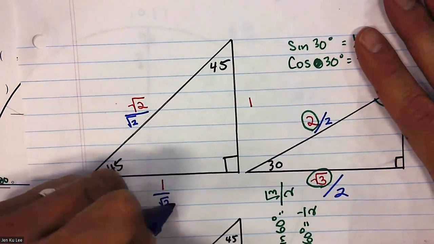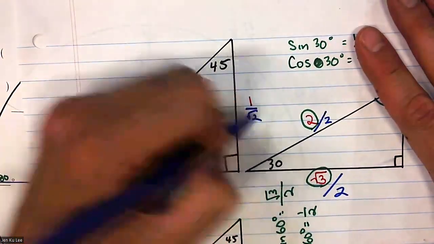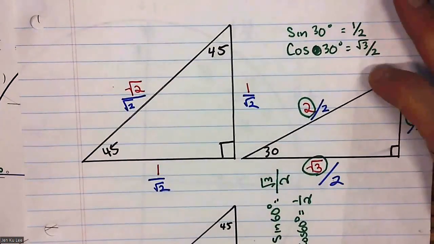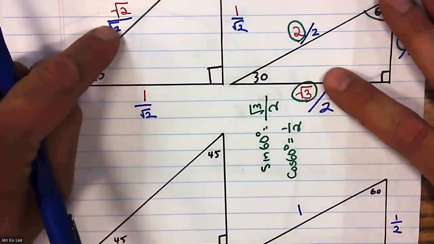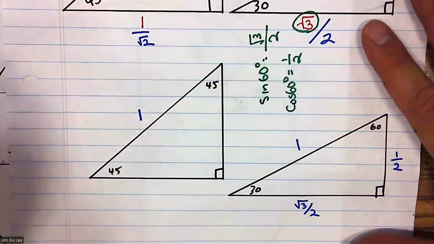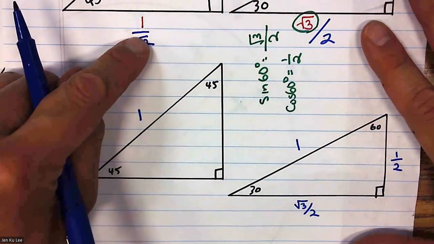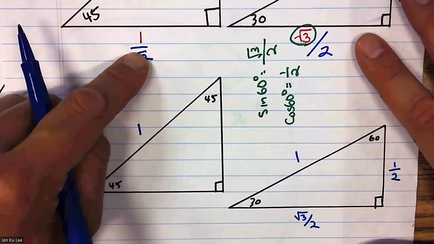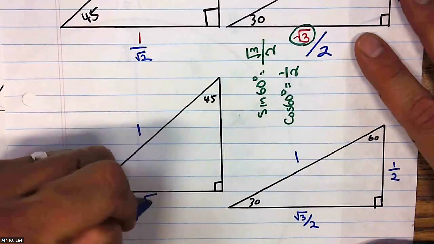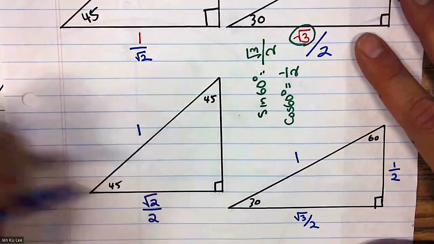This is divided by square root of 2, this is divided by square root of 2 then. So square root of 2 over square root of 2, that's 1. 1 over square root of 2, rationalizing the denominator, is square root of 2 over 2.